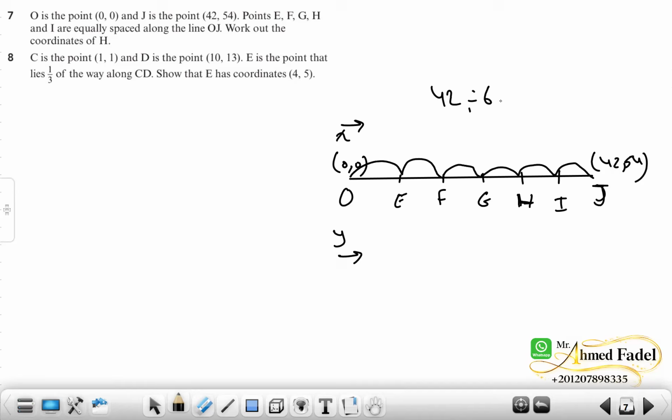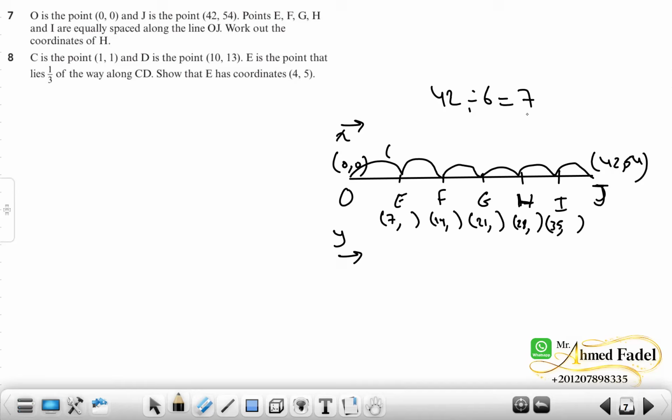So it's 42 divided by 6, which is 7. So every time I'm adding a 7, and this here, the coordinates of E, F, G, H, I. So E, I'm adding every time a 7. So this is 7, 14, 21, 28, 35.